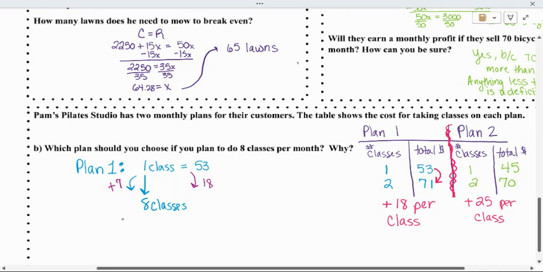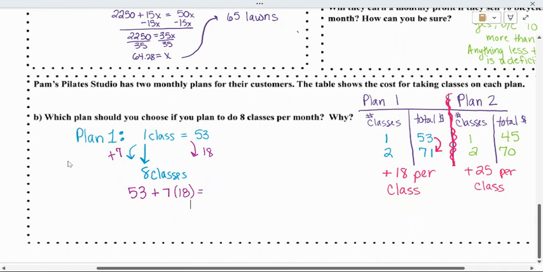So to find 8 classes, we take the original cost for one class plus 7 times 18. That'll tell us our cost for 8 classes using Plan 1. Someone grab out their calculator and let's see how much it's going to cost for 8 classes using Plan 1. $179. Did at least 2 of you get that?